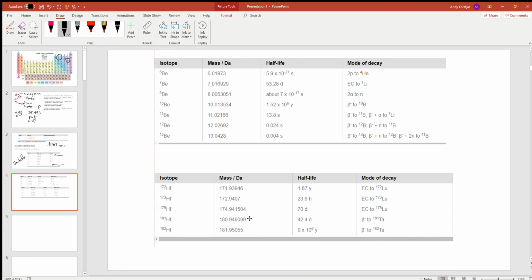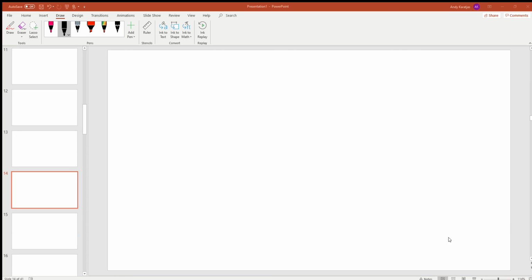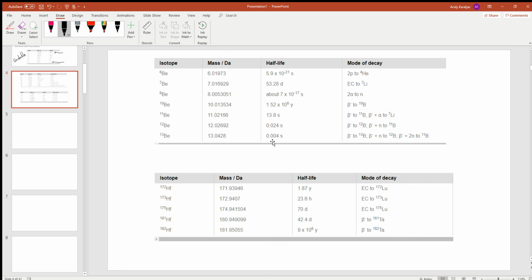Hafnium. So hafnium has an isotope 182, and you can see the half-life on that is 9 times 10 to the 6th years. Oops, sorry about that. So it takes an extraordinarily long time for that isotope to decay. And there's others that are even longer than that.